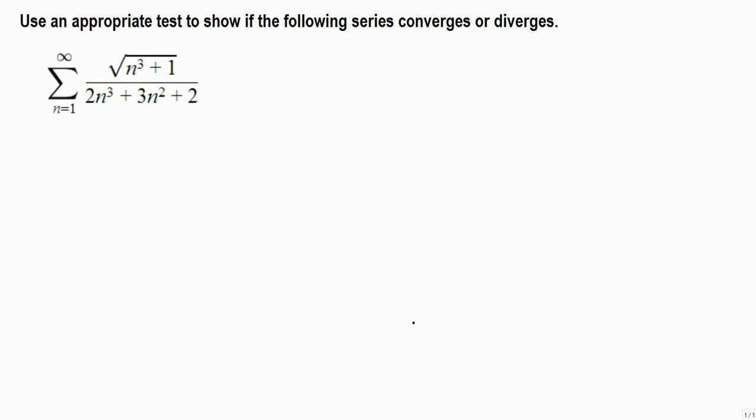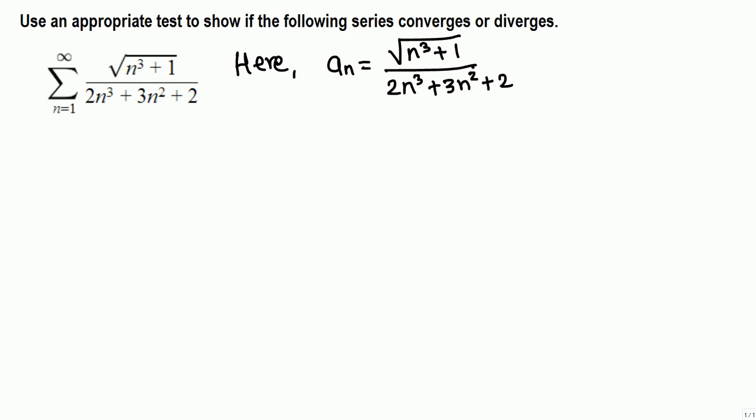Use an appropriate test to show if the following series converges or diverges. So sigma of an, in our case the general term an is given by cube root of n cubed plus 1 over 2n cubed plus 3n squared plus 2.